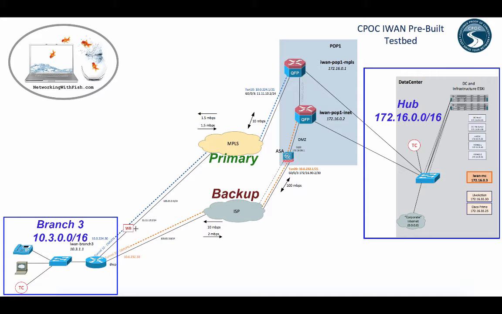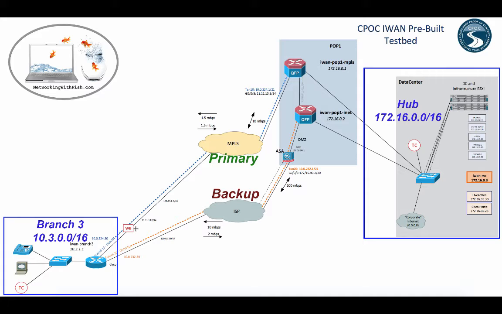And a large amount of people right now would like the MPLS link to get used and are using the MPLS link as a primary, both from branch 3 to the hub and from the hub to branch 3. Again, with the ISP link as a backup only.